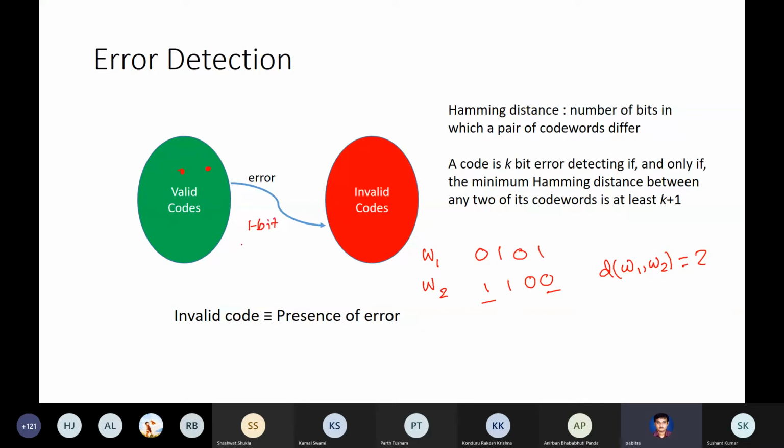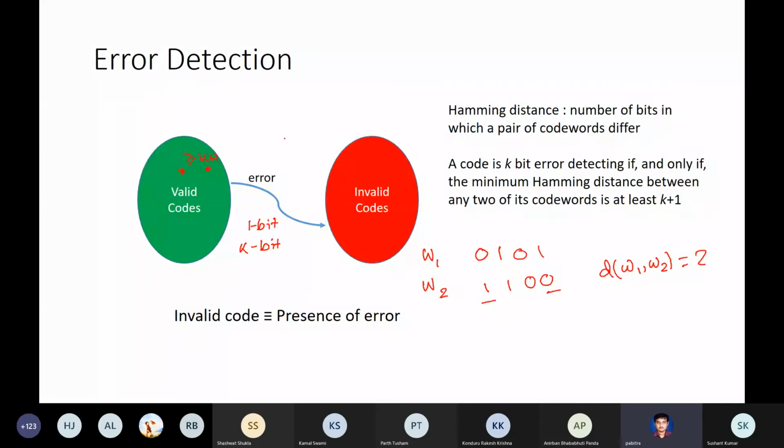A k-bit error means at most k bits have been flipped. So if you want to detect k-bit errors by this valid/invalid code scheme, the distance between two valid codes should be greater than or equal to k plus 1. Distance meaning Hamming distance: the distance between two valid code words has to be at least k plus 1.